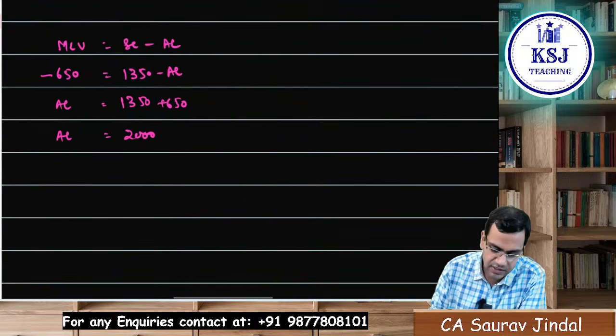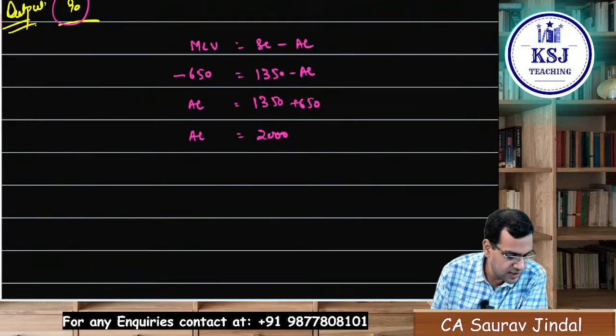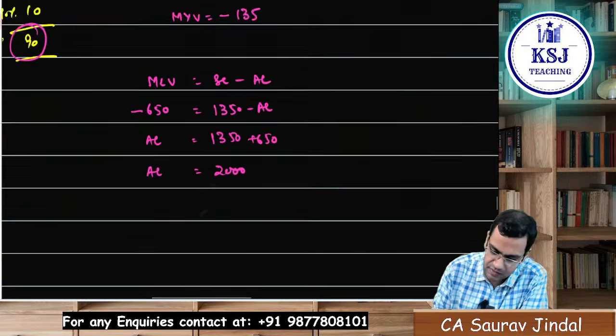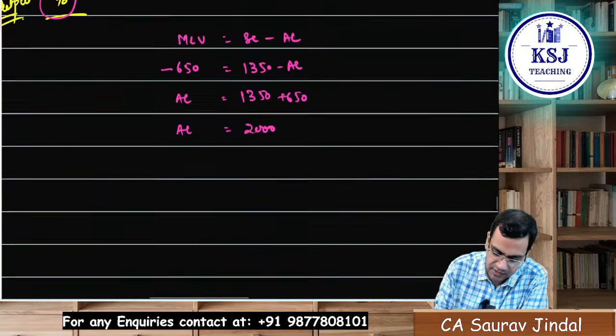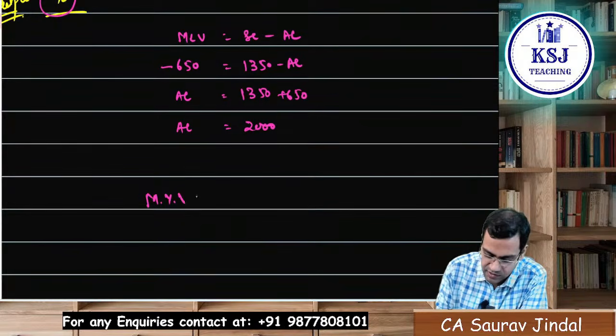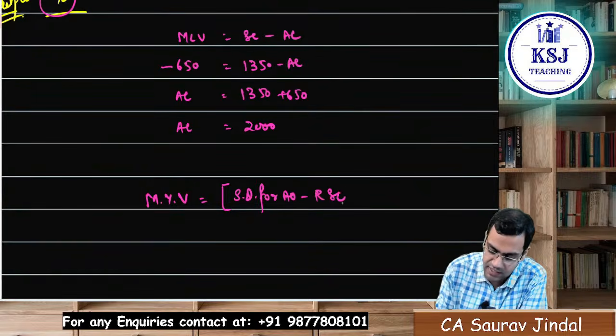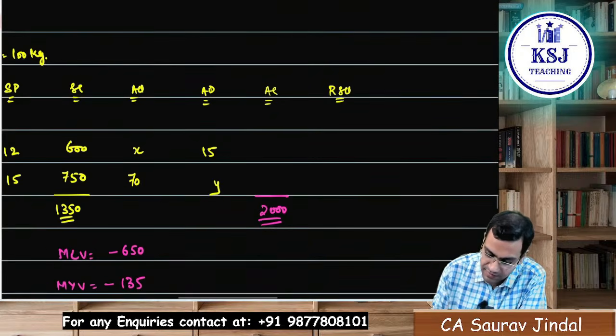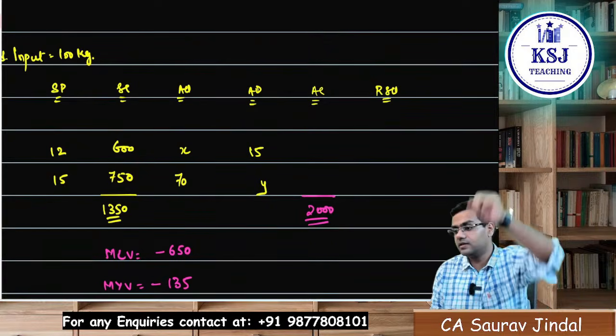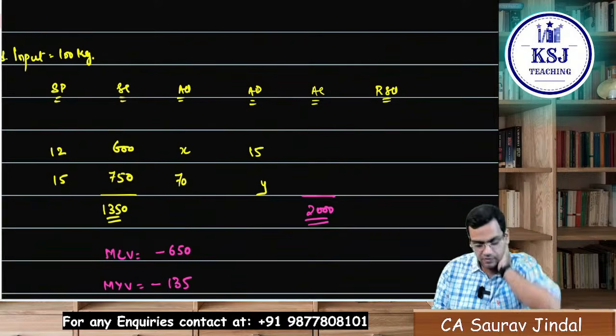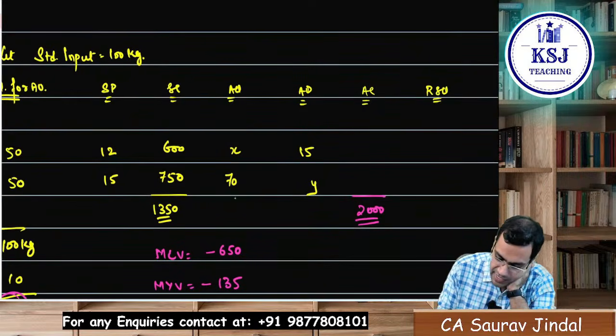Next, let's see what we can do with the yield variance, sir. So material yield variance is equal to standard quantity for actual output minus revised standard quantity into standard rate, right? Sir, how are we going to calculate the revised standard quantity? Let's see here, actual quantity is 70 plus x, right?